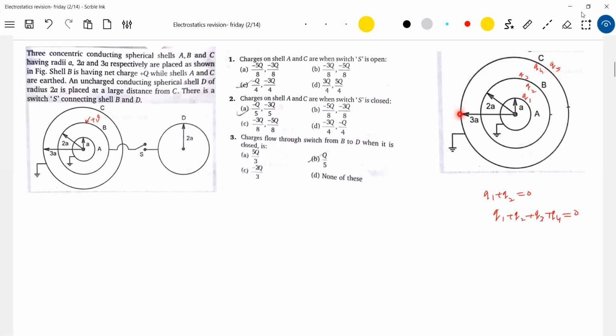So what is the net charge enclosed? All these 4 charges. With this, Q3 plus Q4 equal to 0.